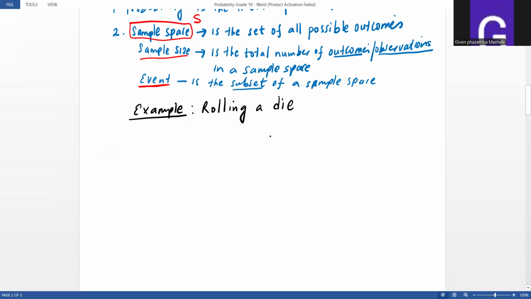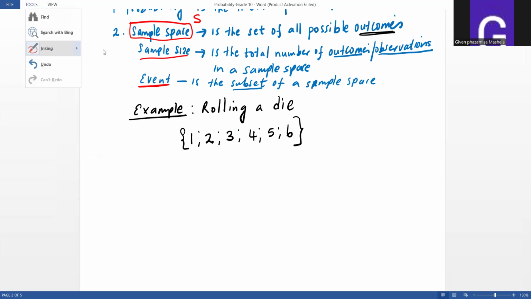If we are rolling a die, in terms of the outcomes that we can get, the die can have the following set. On a die, we can have 1, 2, 3, 4, 5, 6. So this is what we can get on a die.